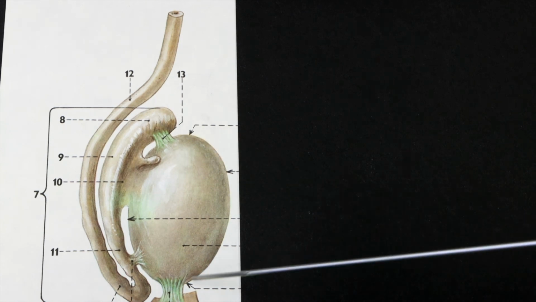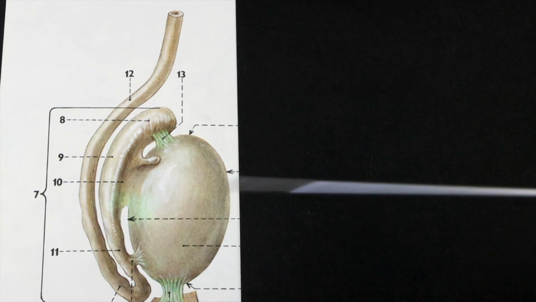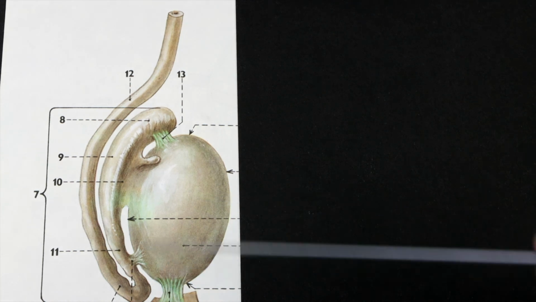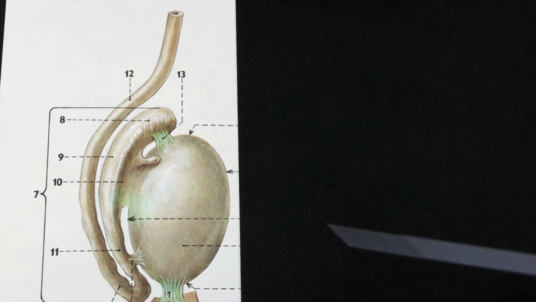And as we mentioned before, there is another ligament connecting the lower pole of the testicle to the inferior wall of the scrotum, the lower part of the scrotum. So this is all about the fixation and the parts of the epididymis, and now I'm going to discuss the details of the inner structure.